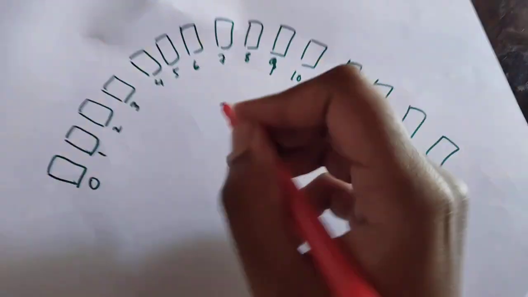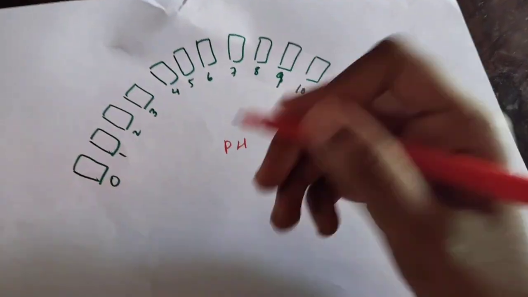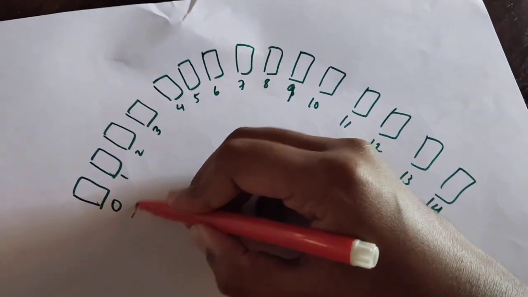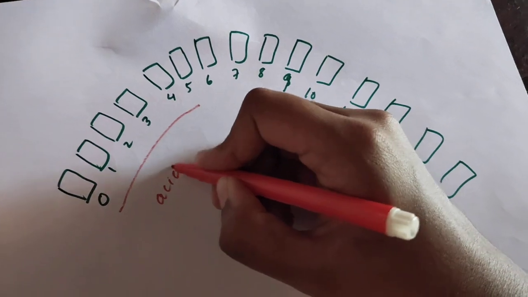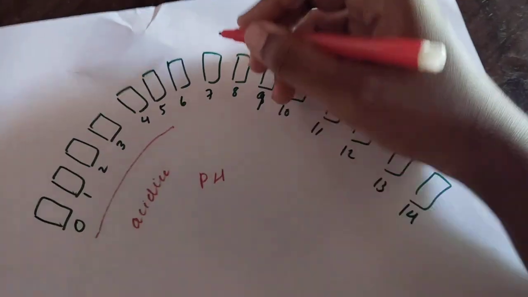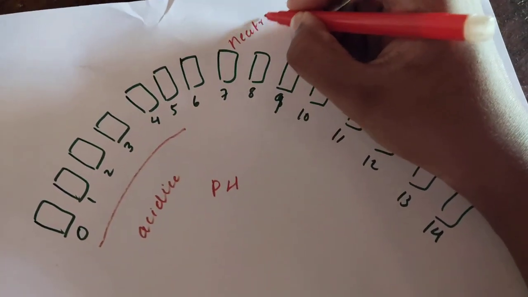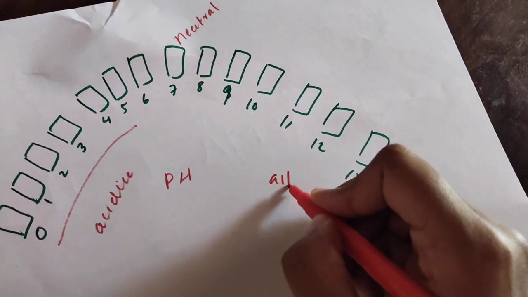Next, we will talk about pH, as we are all aware. This portion is considered acidic, 7 is neutral, and the other portion is alkaline or basic.